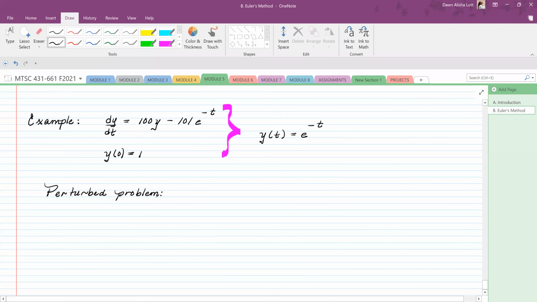So the perturbed problem is dz/dt is equal to 100z, that's got to be a z, minus 101 e to the minus t. But now I want z of 0 to be 1 plus epsilon.